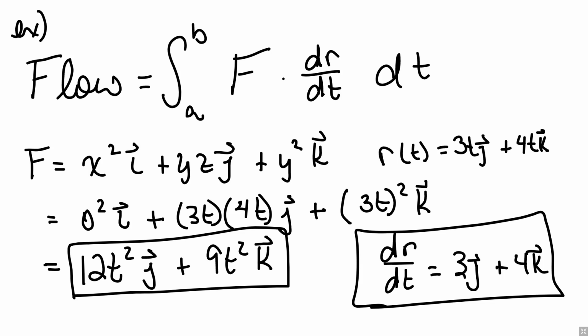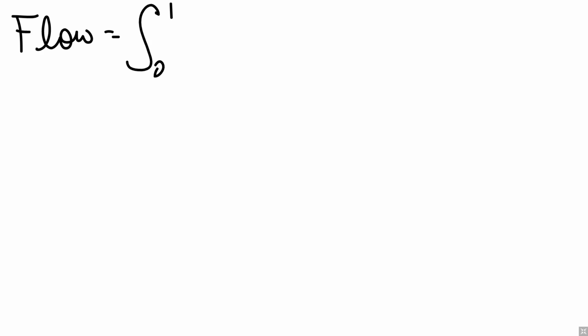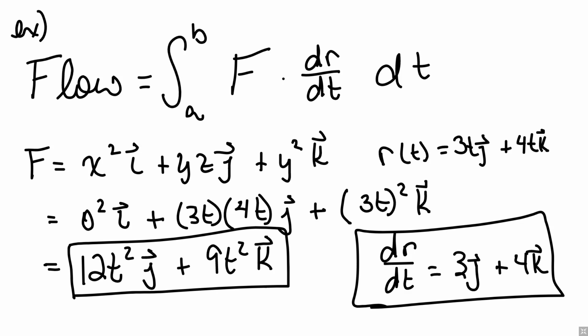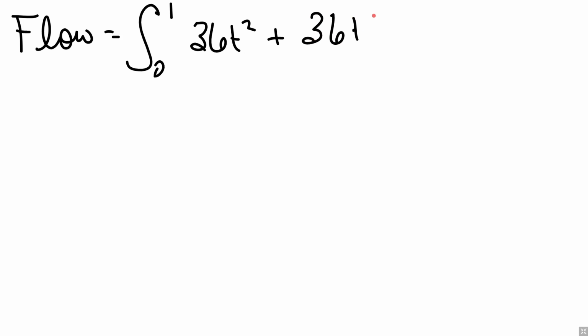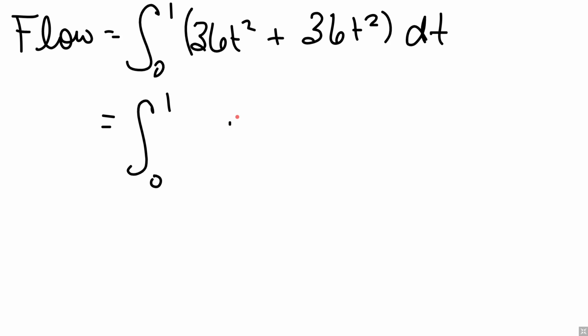If we multiply the j components together, what are we going to get? 36t squared. So we have 36t squared plus, now if we multiply the k components together, we get 36t squared. Okay, dt. So really, we're looking at the integral from 0 to 1 of 72t squared dt.